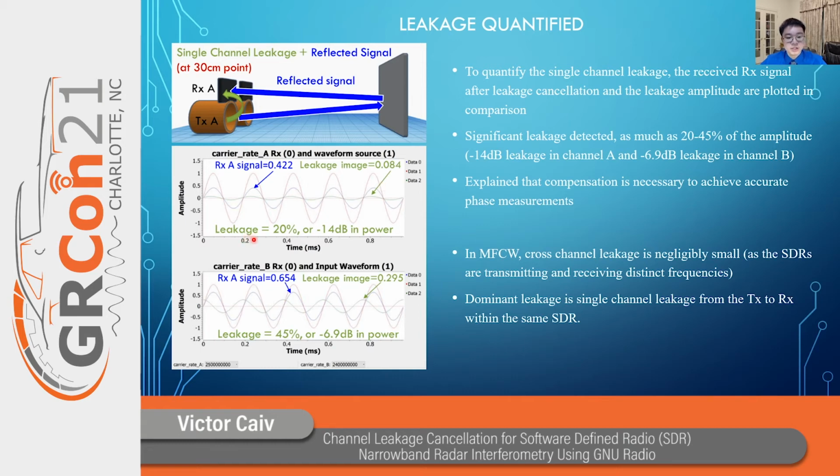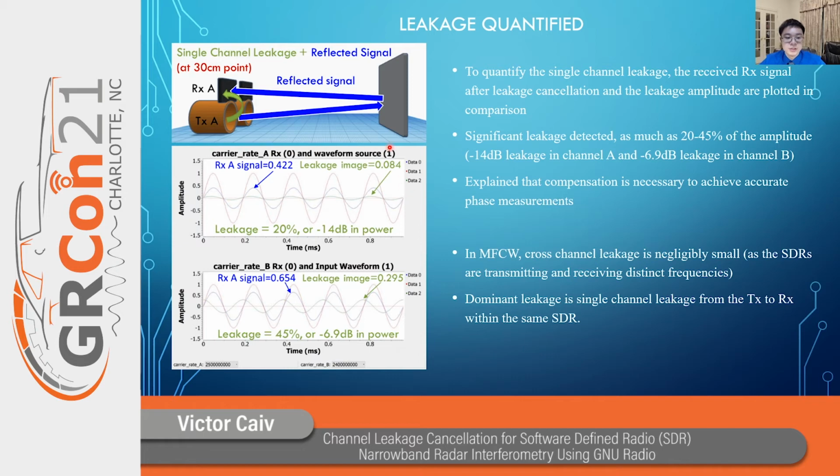The leakage is 20% of the amplitude of the receive signal in channel A, and 45% in channel B. So you can see that there is a significant leakage detected, as much as 20 to 45% of the amplitude. And this explains why leakage compensation is so necessary to achieve accurate phase measurements.